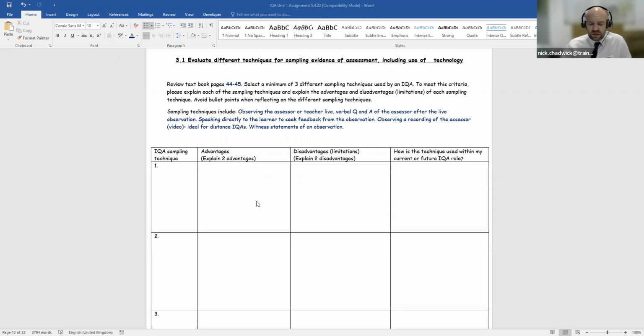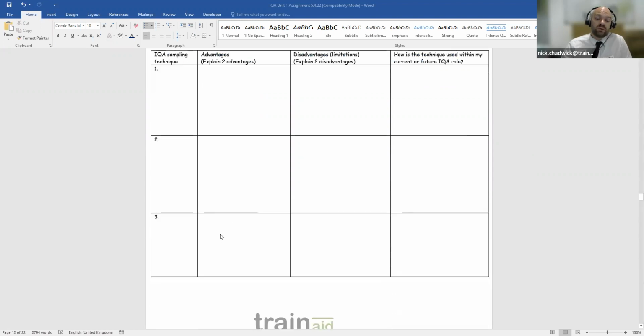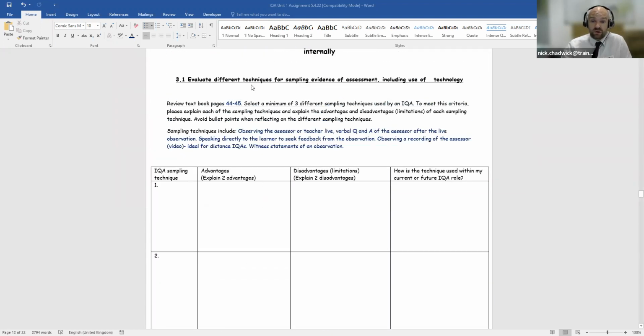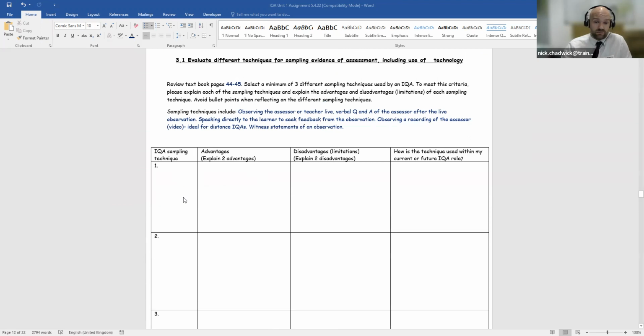What we would like you to do for this criteria is to think about a minimum of 3 different IQA sampling techniques, and complete the grid below. So we have the IQA sampling technique, which could be observing the assessor or teacher live.